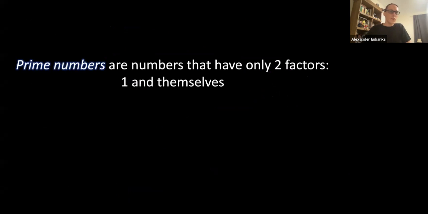So let's get into the heart of it: why did we want to do all of these things today? Well, there's a problem coming up. Now, this is a definition, but what we're going to be getting into is an interesting problem to solve using all of this stuff that we've built up. Just as a reminder, prime numbers are numbers that can only be divided by 1 and themselves.